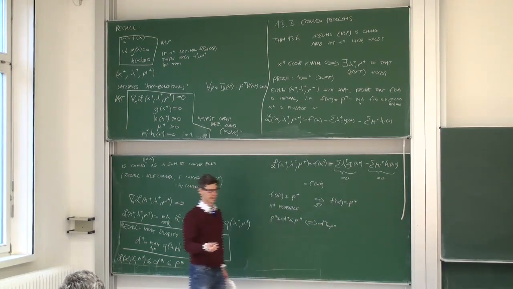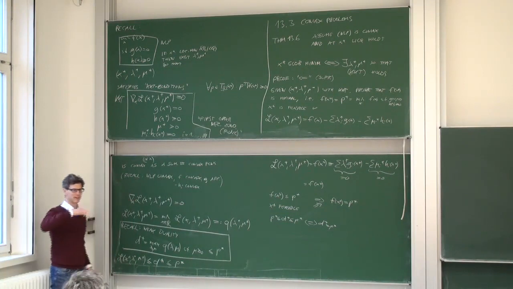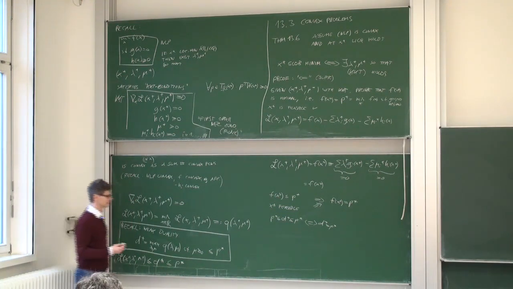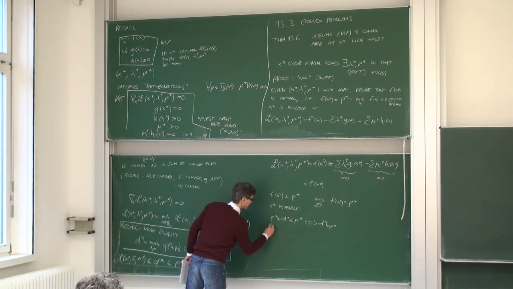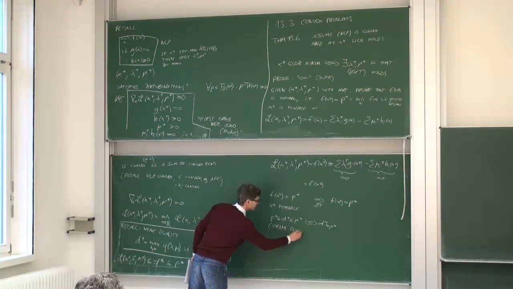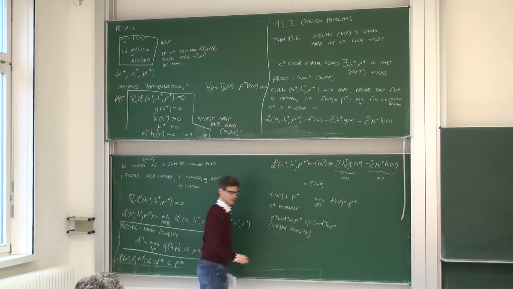So we have also proven that the dual and the primal problem have the same value here. So that is actually strong duality. That was the thing that we didn't prove before. But now we proved it.